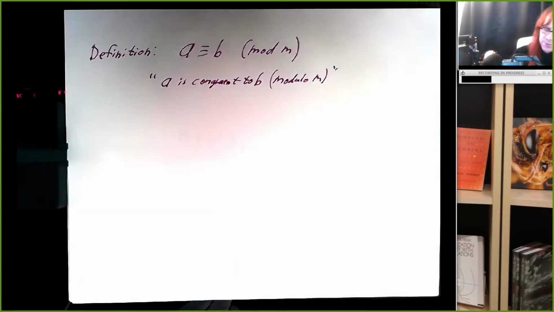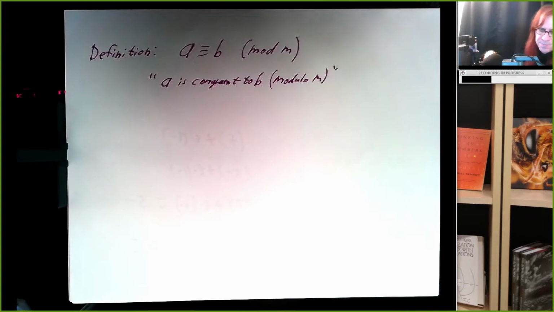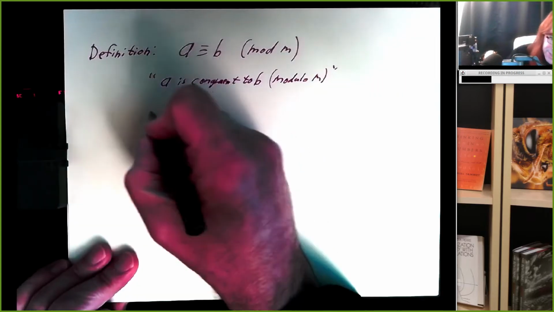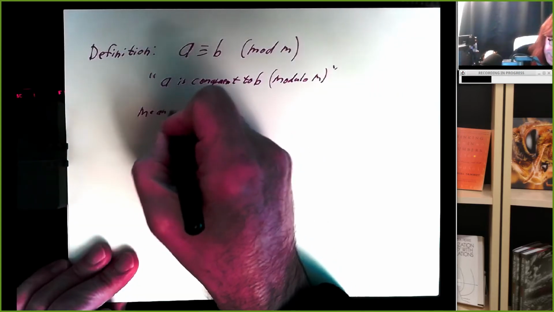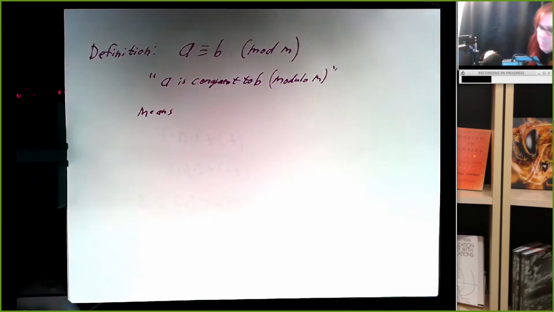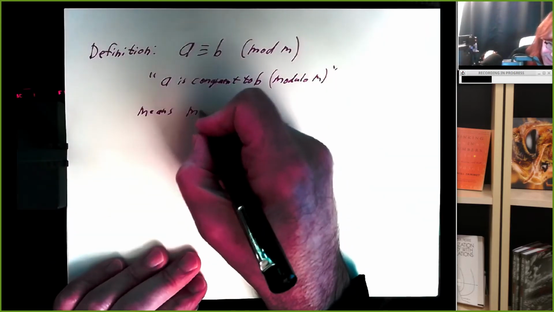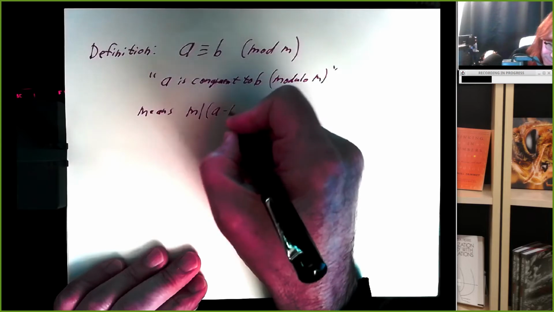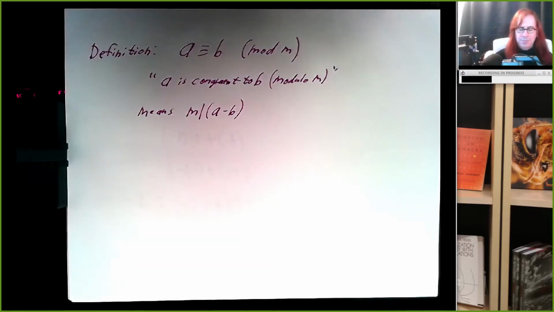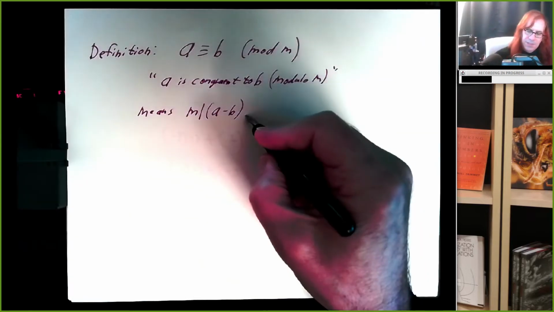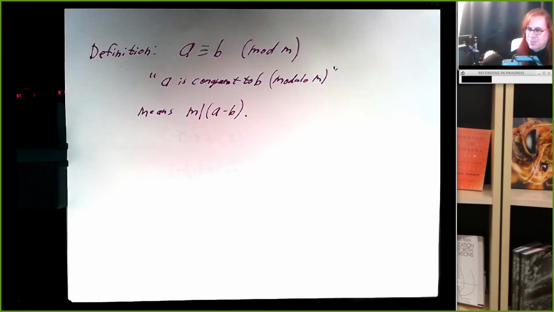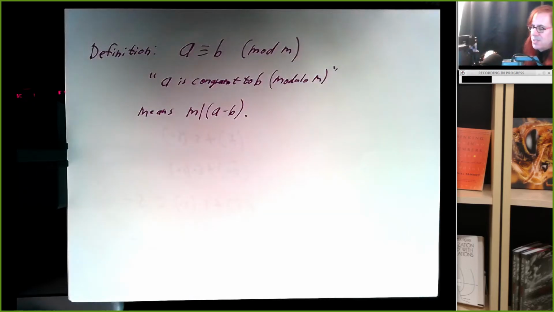A is congruent to B modulo M means M divides A minus B. That's the definition of this congruent symbol. So when we say A is congruent to B mod M, all we're saying is M divides the difference of A and B.